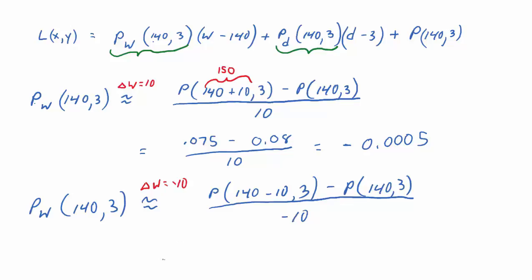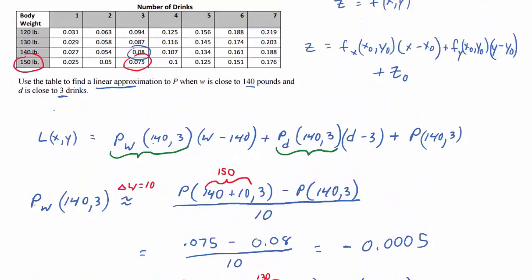And if you look in the chart, this is P of 130, comma 3. If you go back and look in the chart, go over to 130, and then down from 3, 0.087 is what you get.